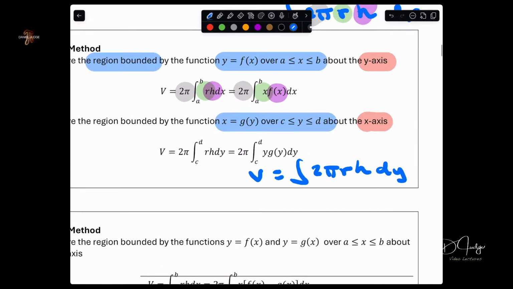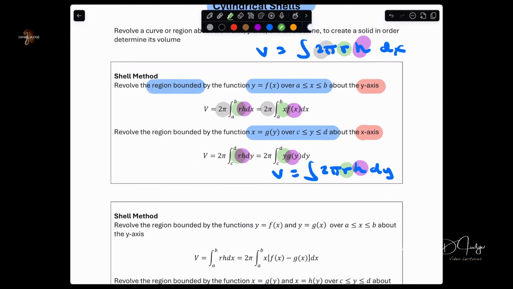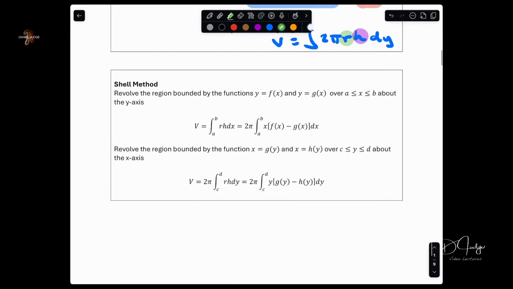And this is what you see here. In that case, again, we'll see how the radius value will be the y variable, and then the height is going to be the function. So the height's the function, the radius is the y value. We're going to take a look at the details of this in this demonstration.